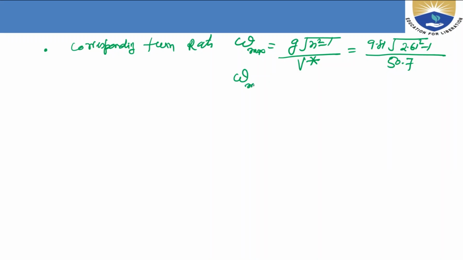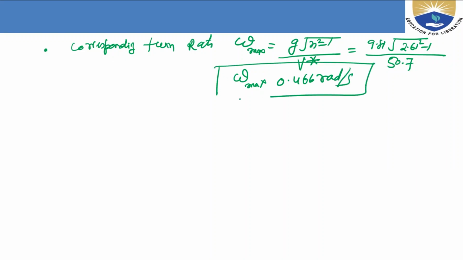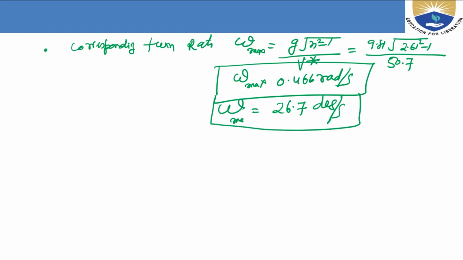So omega max you will get 0.466 radian per second. So this is another answer, or we can write it as 26.7 degree per second, in degrees. So we got this.